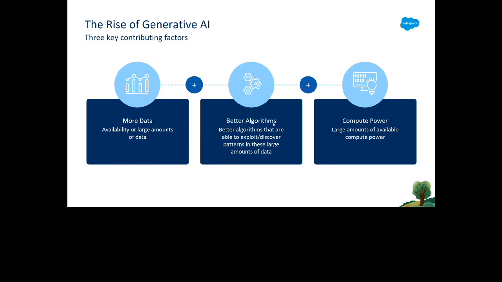And the third one is computation power, large amounts of available compute power. That's why, if you observe recently, Nvidia, AMD, and Intel, all these chip makers are making very high quality chips that will be able to process large amounts of data and do all this computation. To process this data and these algorithms, the computation power should be available to the system.